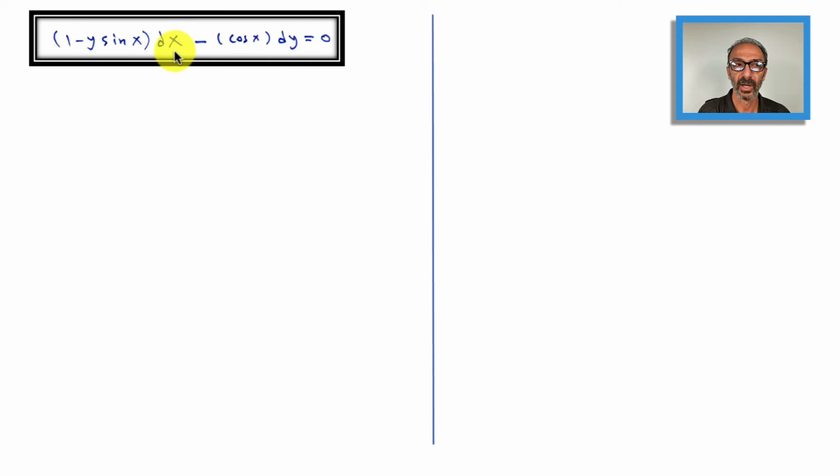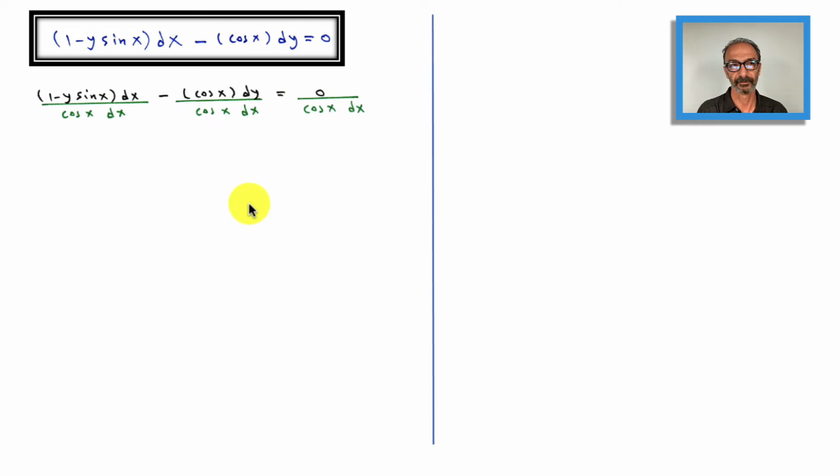If you divide by dx, you will see that, but cosine x will be in your way. So let's do it as two steps in one, or two birds with one stone. We're going to divide both sides, every single term, by cosine x to get rid of this, and by dx to show it under dy.